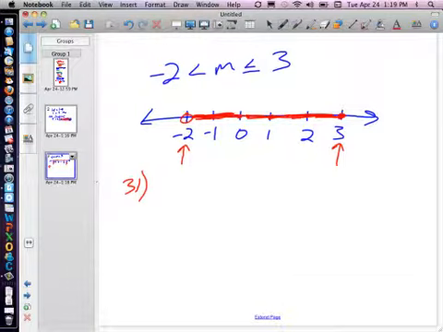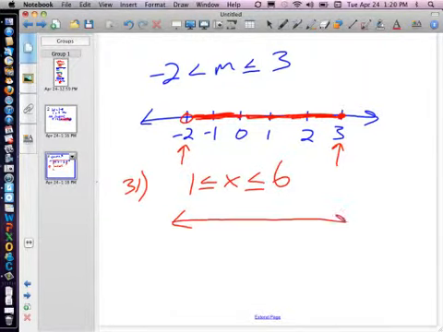So if we have 1 is less than or equal to x, which is less than or equal to 6, if I wanted to graph that on a number line, normally I would just put the 1 here and the 6 here, and everything in between if I wanted. Make my closed dot here, and shade everything in between.